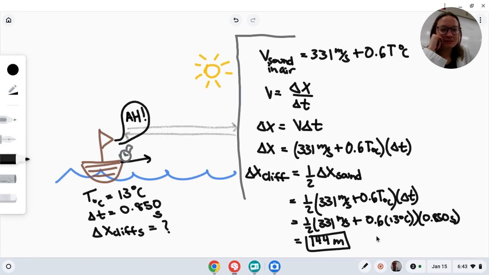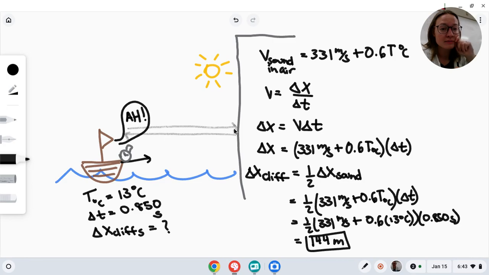So there's a little bit of a reflection problem for you that has to do with echoes. Now, Benny the boat uses echolocation here, and we actually use echolocation all the time, like to map the bottom of the ocean floor. We send out sounds all the way down to the bottom of the ocean. Those sounds get back to us, and we can figure out how far is the depths of the ocean.